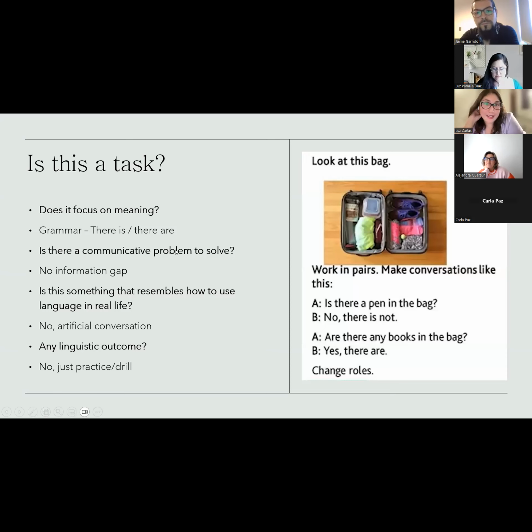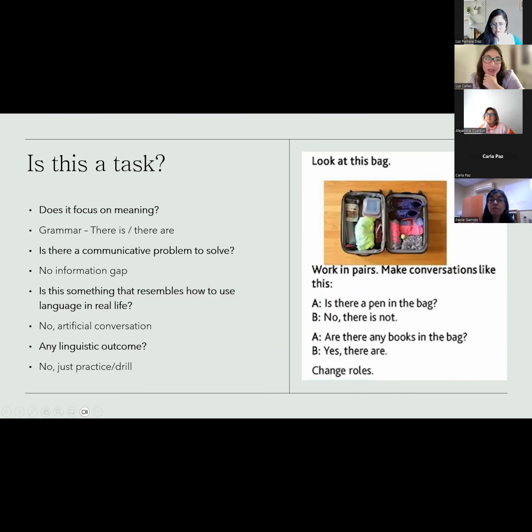Maybe you can use there is, there are, but not only, because for me the problem is that it's just yes/no questions instead of more open questions. Would that be a way to change it into a task? Of course we don't use the grammar chunks, but I don't know if you've got any other suggestions for that.